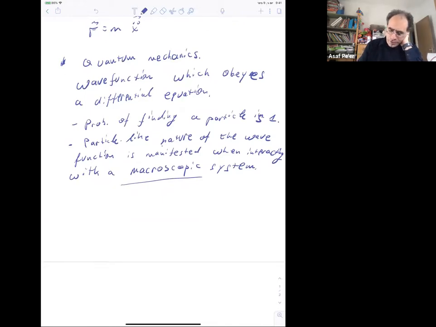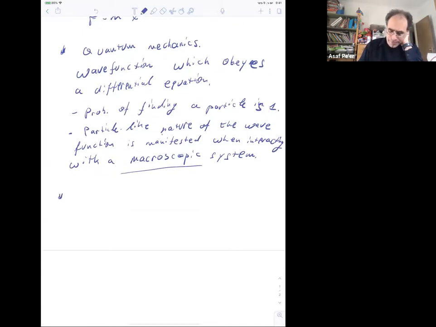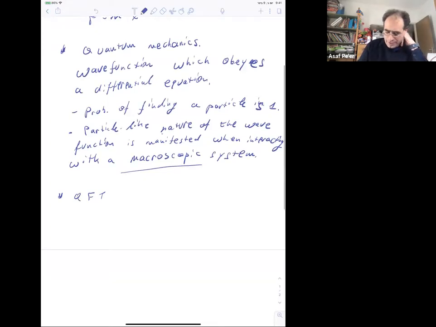QFT is somewhat different from both of those. In quantum field theory, QFT, the basic entity is a field. It's not a particle, it's not a wave function, it's a field. And a field also fulfills a differential equation, a very similar differential equation. Let me write it down.